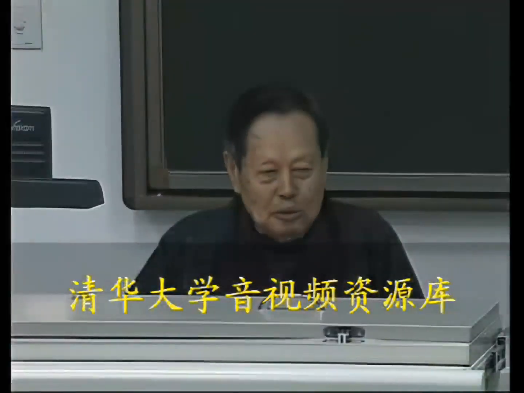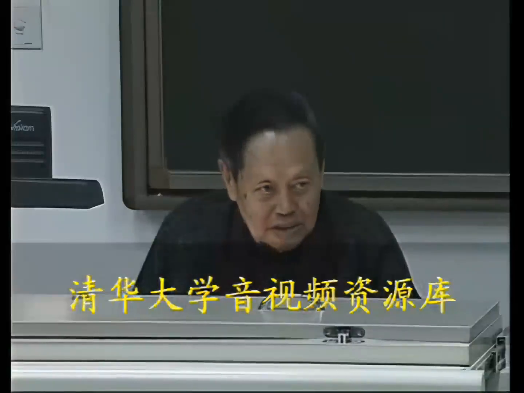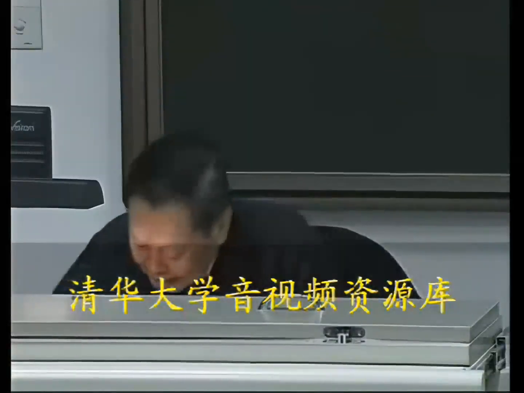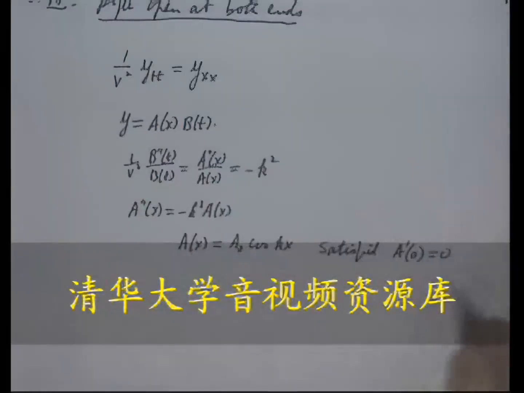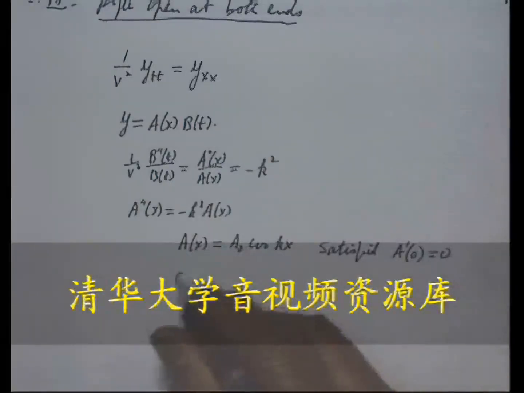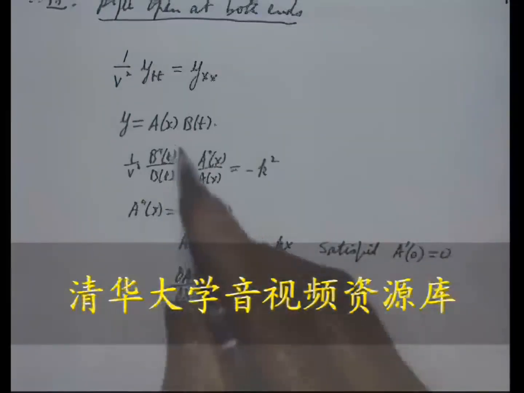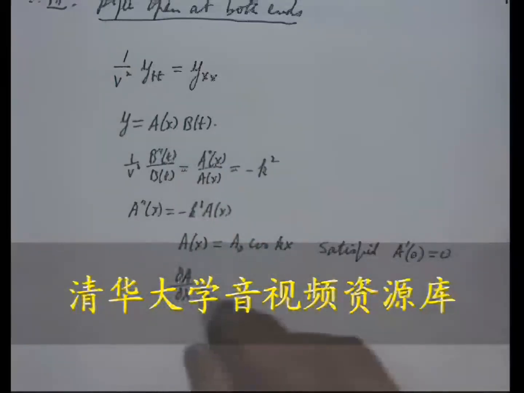It turns out if you choose cosine, the calculation results are much simpler. And this satisfies A prime of 0 is equal to 0. The other end is dA/dx. When you differentiate y, you only differentiate A. So dA/dx at x equal to L has to be equal to 0. That's the other boundary condition.